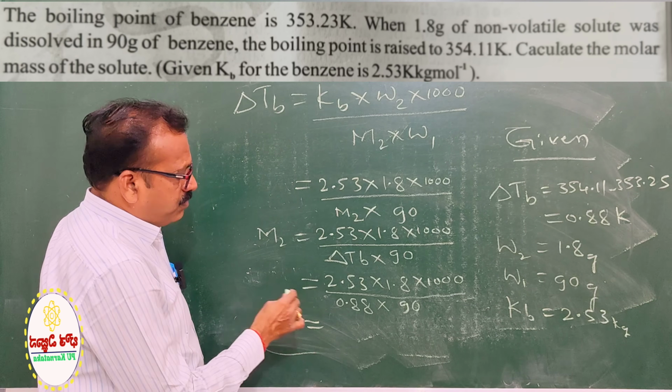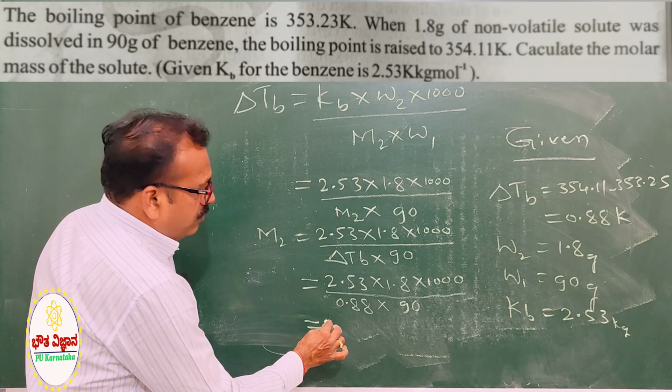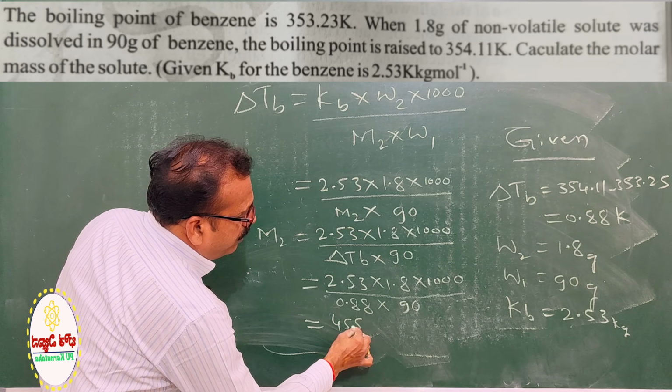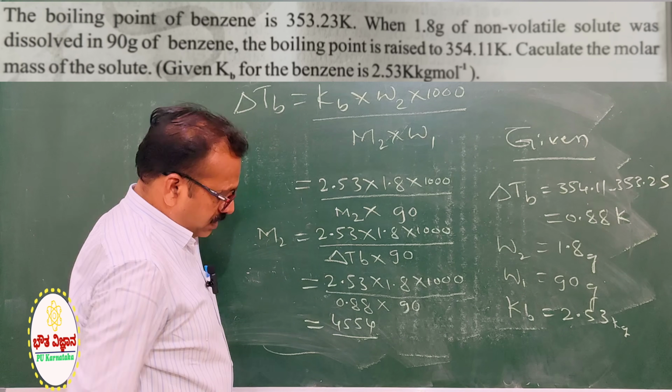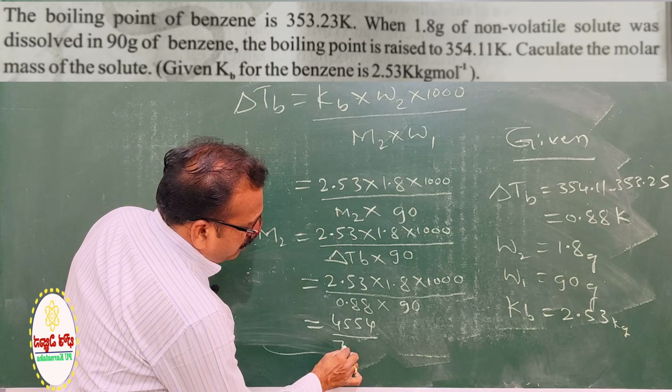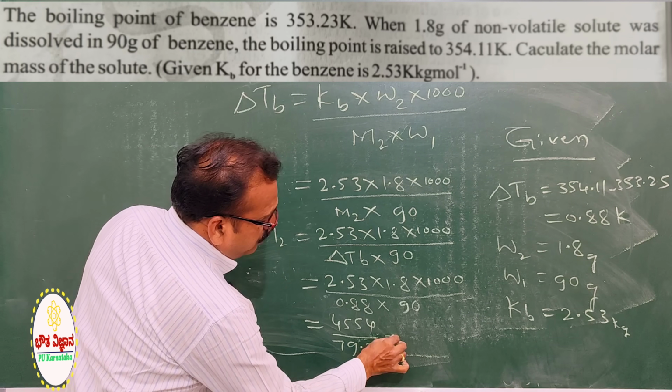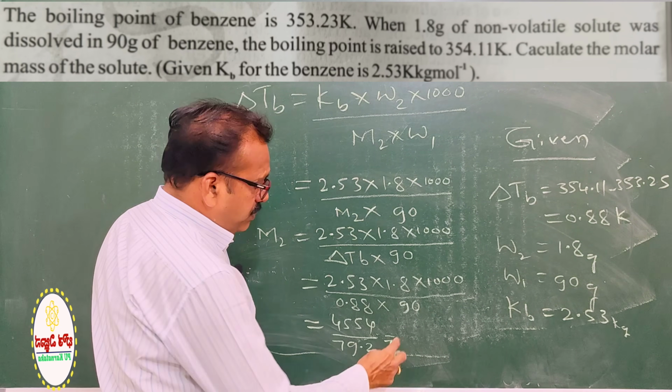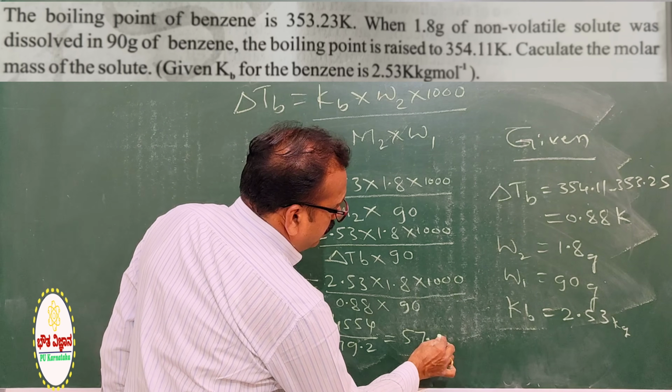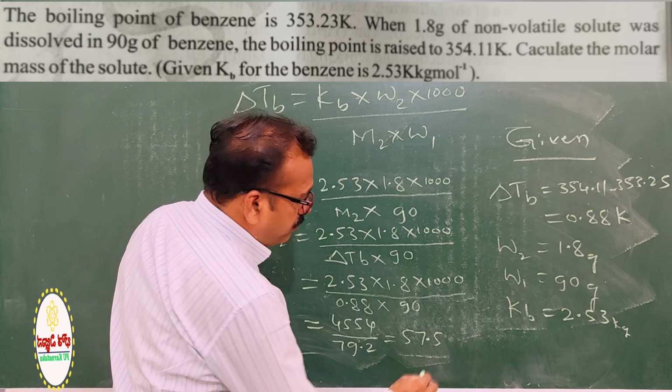So after simplification we are going to get 4554 divided by 79.2 equal to 57.5 gram per mole.